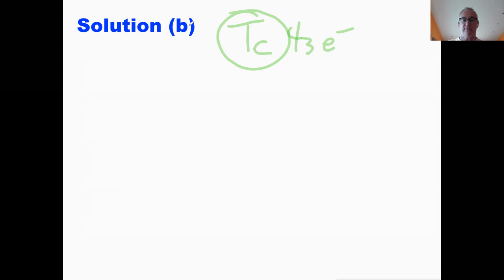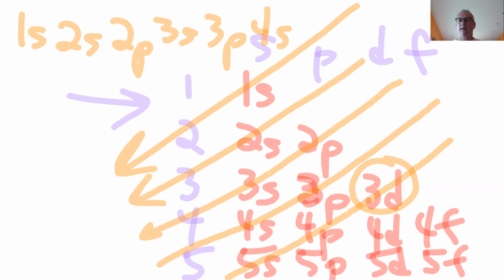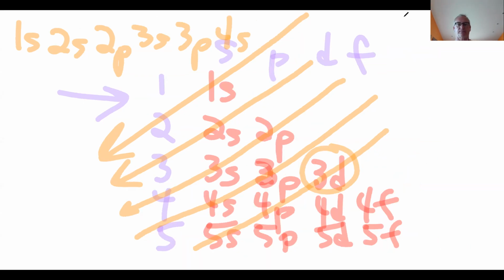Who can give oh man, yeah, Raymond's on it. So with my 43, what would be the full electron configuration? We can actually go back to our whiteboard and figure it out.